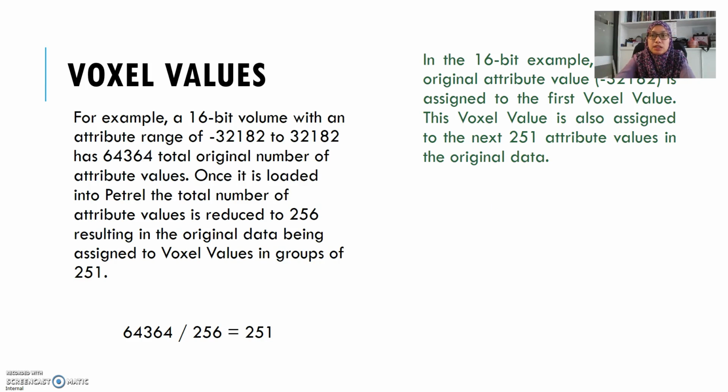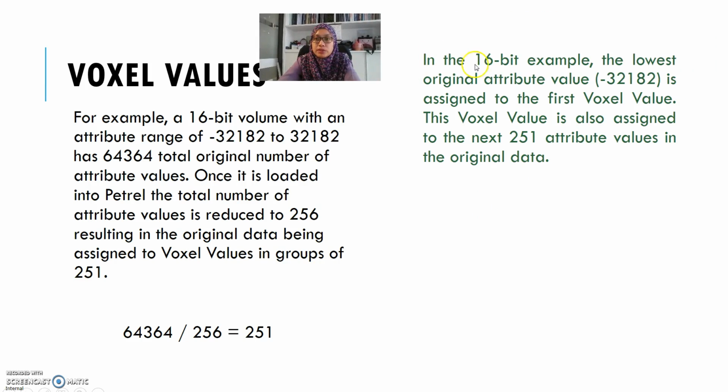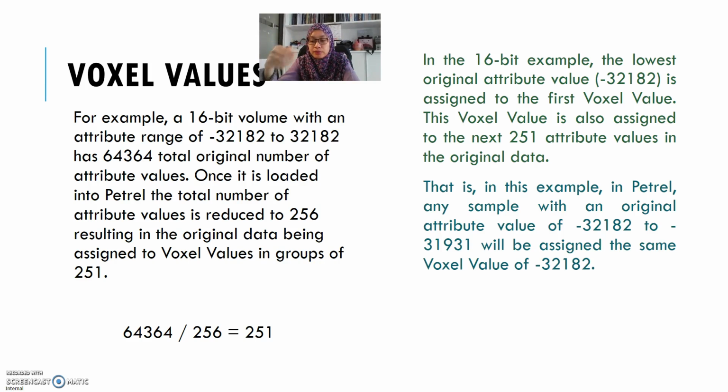In the 16-bit example, the lowest original attribute value is negative 32,000 and the highest is positive 32,000. The lowest value will be assigned to the first voxel, voxel number 1, followed by the rest.